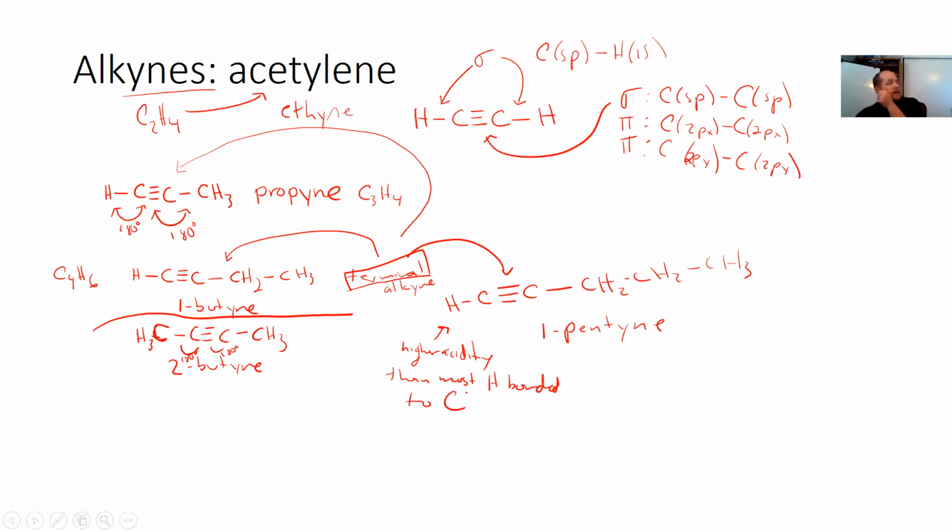Okay, so it just turns out that is a slightly more acidic hydrogen. In other words, it dissociates a little bit more easily, right? So it has a lower pKa, or a higher Ka, which is kind of an interesting thing that you might encounter in an organic chem class. We're not going to dive into it any deeper than that right now, but that has implications for chemical reactions of some alkynes.